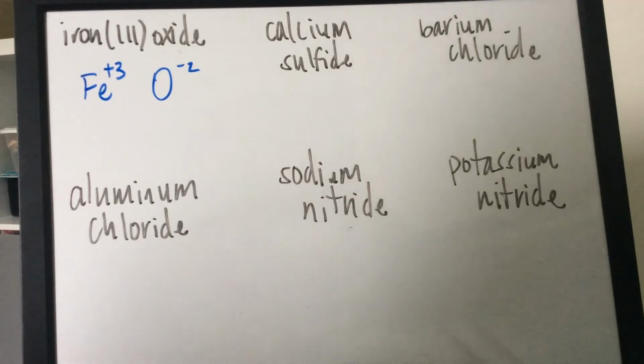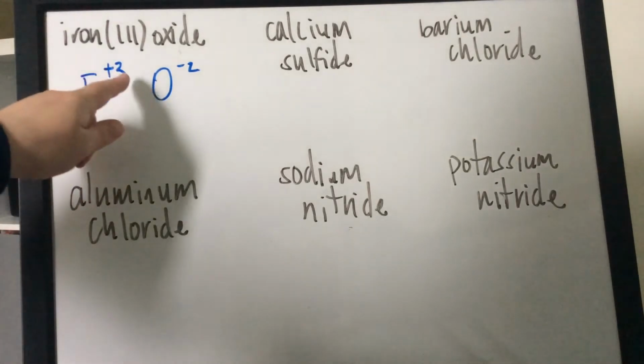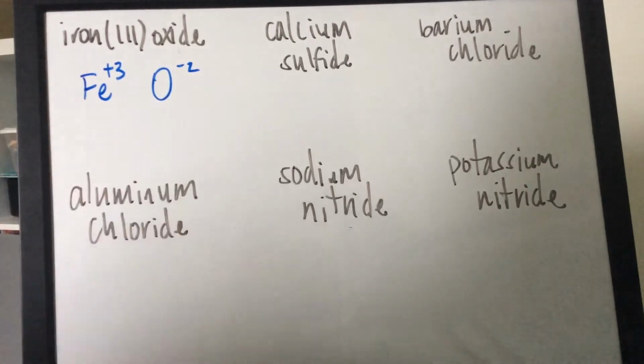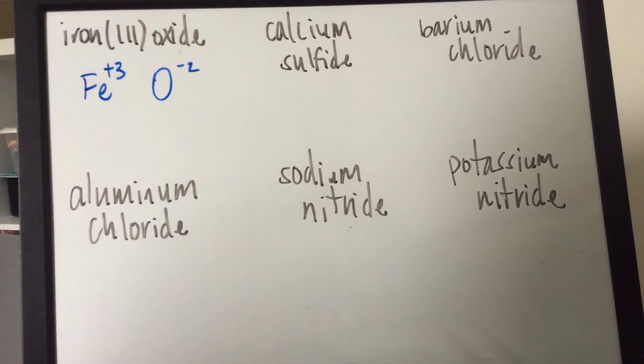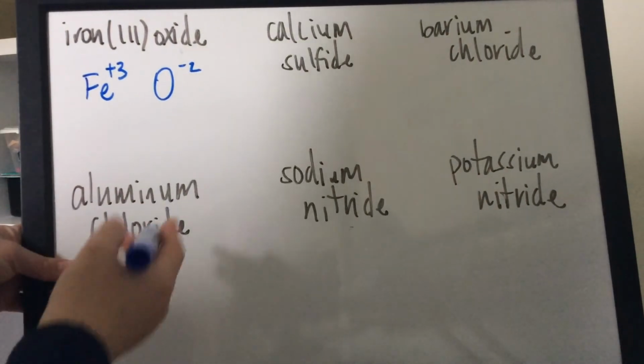But there's a kicker. Anytime I have a situation where I have 3 and 2, the magic number that I need to think about is the number 6. I believe that 6 is referred to as the least common multiple of 3 and 2. I think that's the right terminology. And so what I have to do is get the positive charges up to 6 and the negative charges up to 6. And so if you watch, it'll work out.